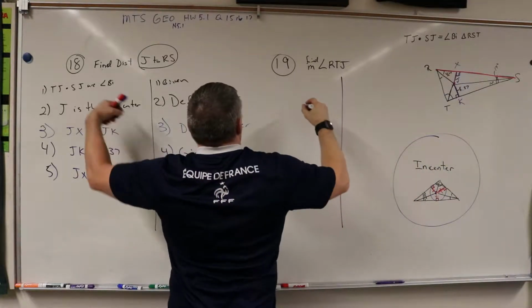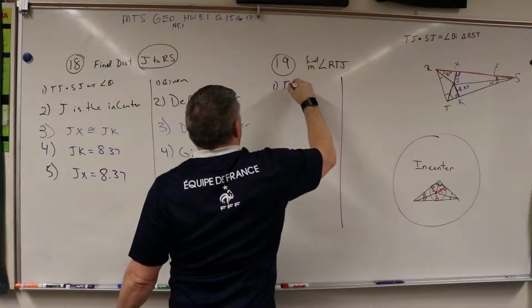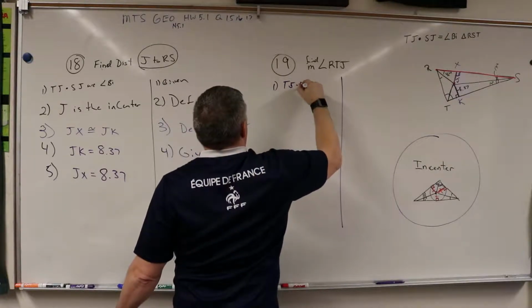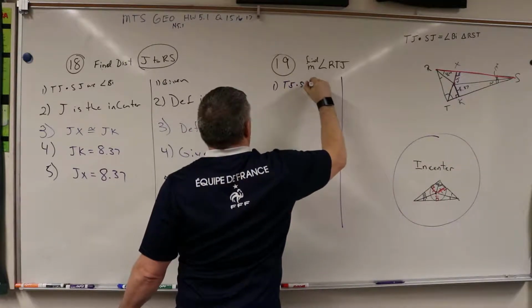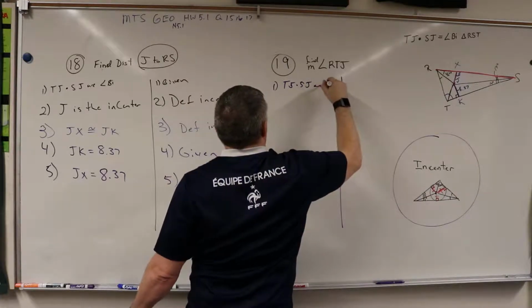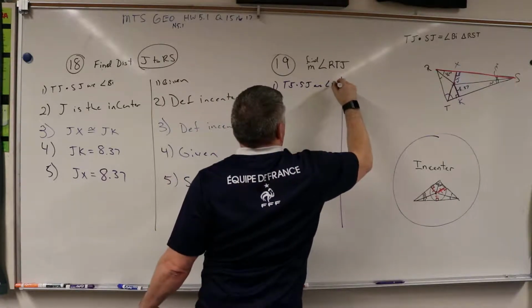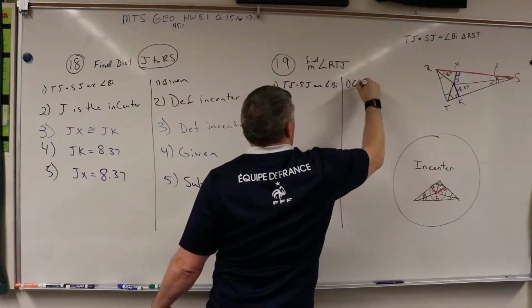We say, hey, number 1, TJ and SJ are angle bisectors. 1, given.